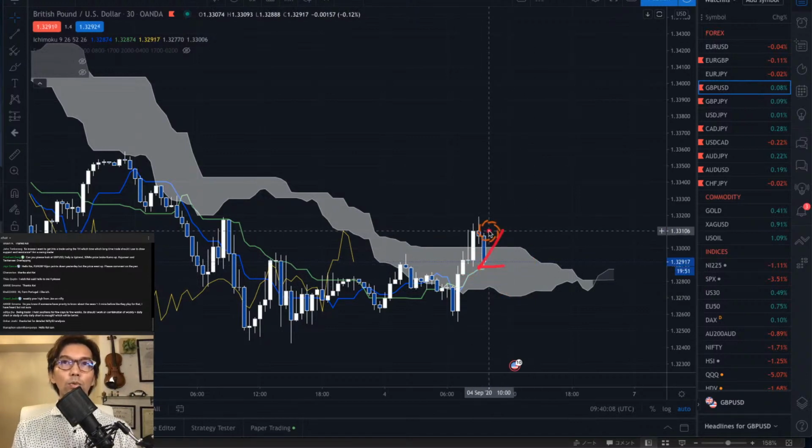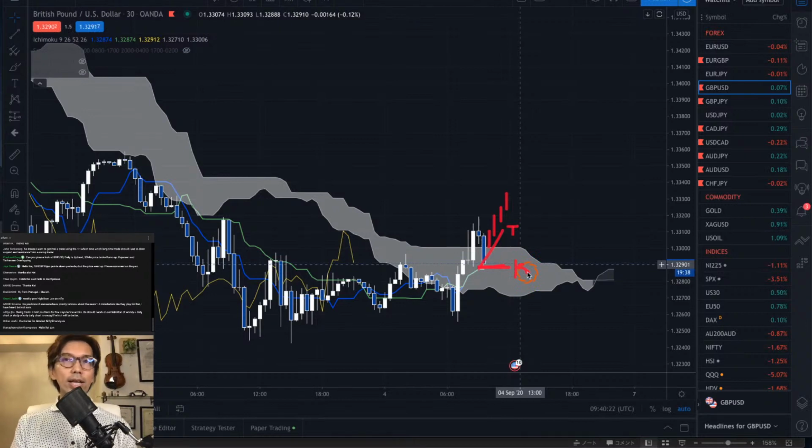When the price continues to go up this way, sooner or later the Kijun-sen remains flat, but Tenkan-sen will go up. Exactly when Tenkan-sen gets separated from Kijun-sen, that will be a buy chance. Right now it's completely overlapping, so we cannot look for a buy chance, but when Tenkan-sen gets away from Kijun-sen clearly, that will be a buy chance.